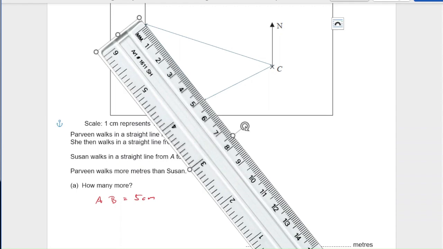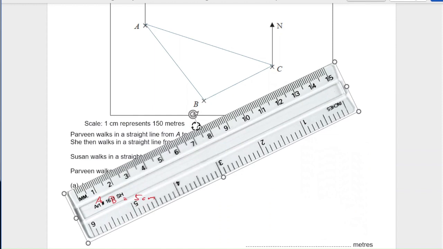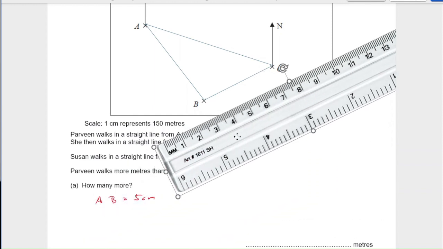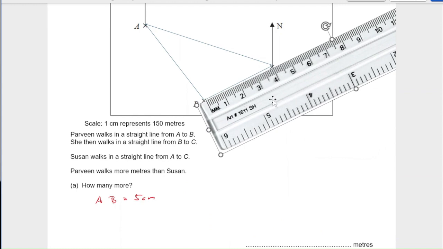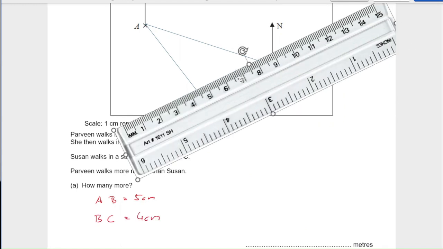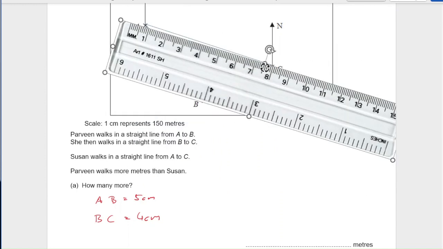Then I want B to C. And I make that 4 centimeters. So B to C is equal to 4 centimeters. And then I need A to C.